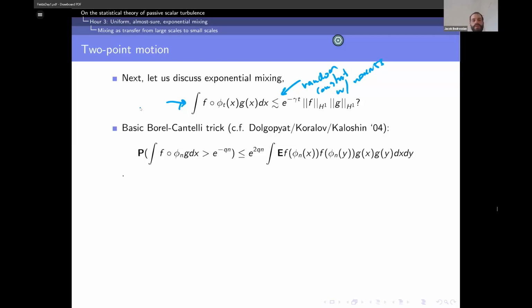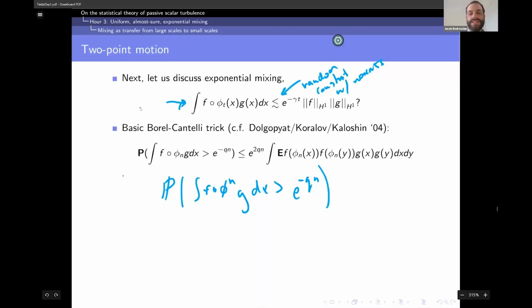Basically the idea is we want to prove this almost sure result. So, naturally, you want to use Borel-Cantelli. You want to say the probability that this correlation is bigger than some exponential is itself something like an exponential. This is what you want to prove.